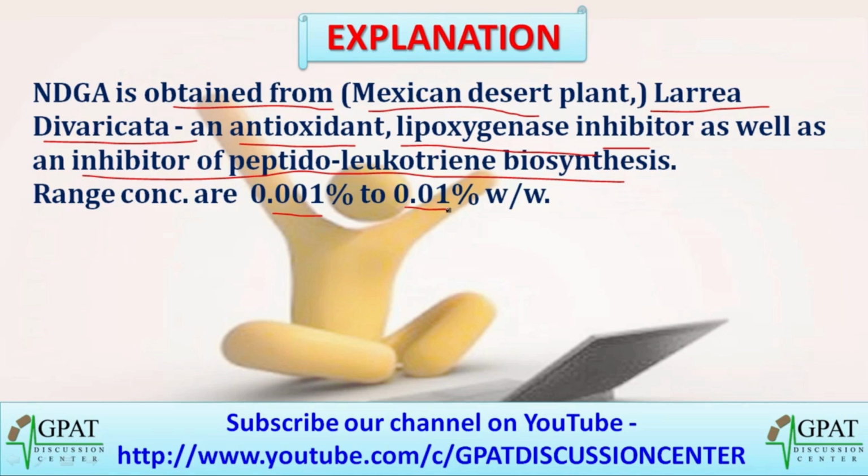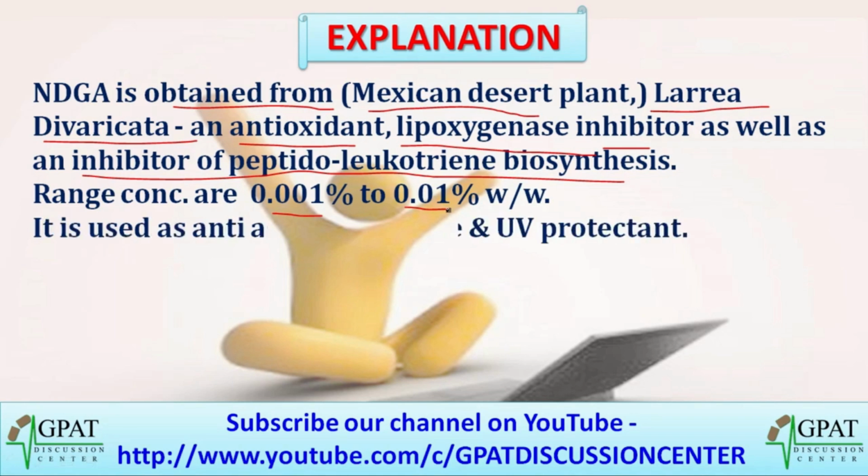So students, try to memorize these values also. It is used as anti-aging or anti-acne and UV protectant. It's all about NDGA. So the answer is NDGA is used as an antioxidant.